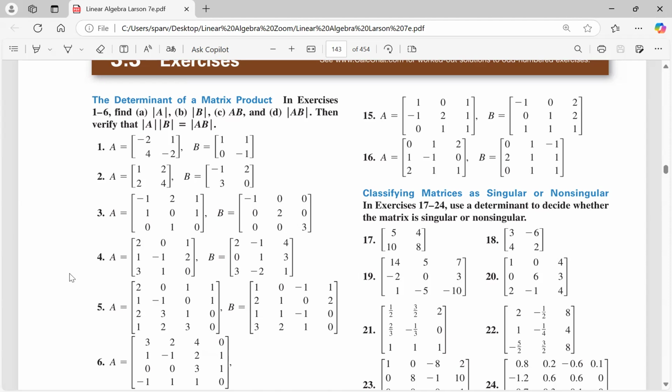It's nothing bad, folks. The cheating part is that we're going to use the computer to do this, so we don't have to do it by hand. So I'm writing number 4 down. I have 2, 1, 3, 0, negative 1, 1, 1, 2, 0.